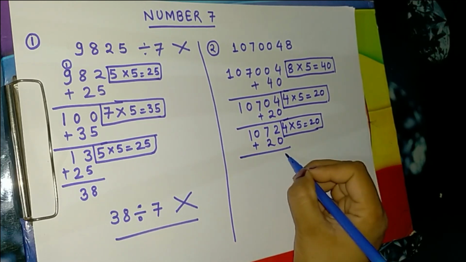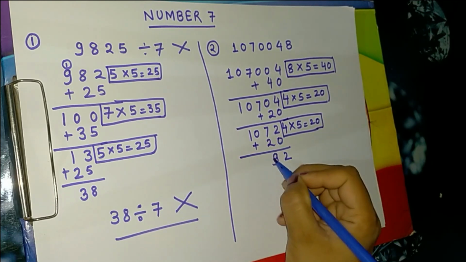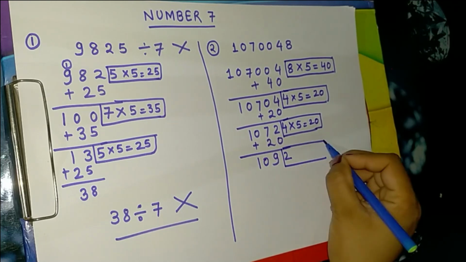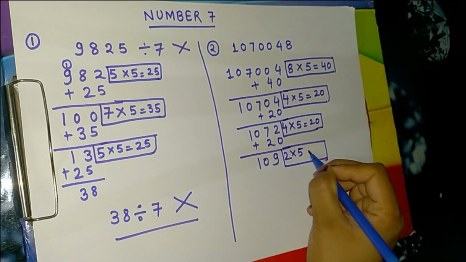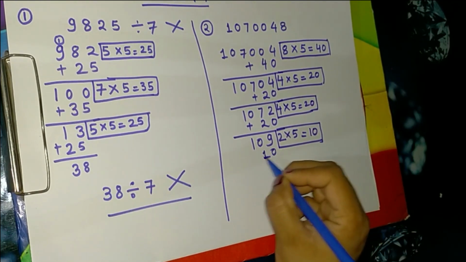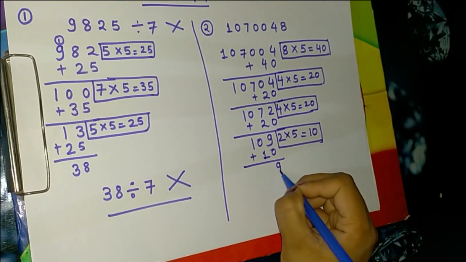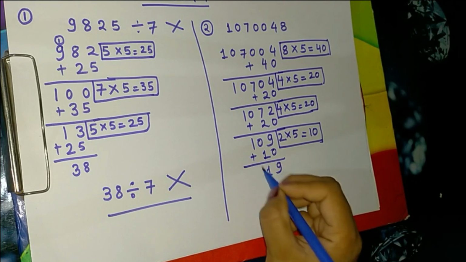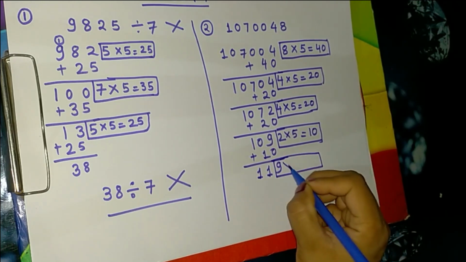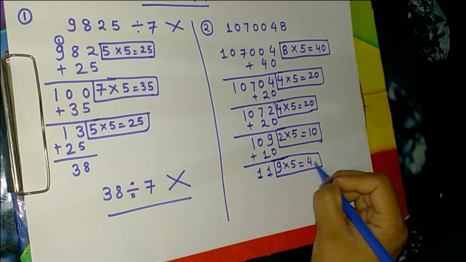Now 2 plus 0 is 2, 7 plus 2 is 9, 0, 1. The last digit is 2. Again we need to multiply this by 5. So 2 cross 5 is 10. Here we need to add this 10. 9 plus 0 is 9, 0 plus 1 is 1. 1 is here. We need to multiply this 9 by 5. 9 cross 5 is 45.